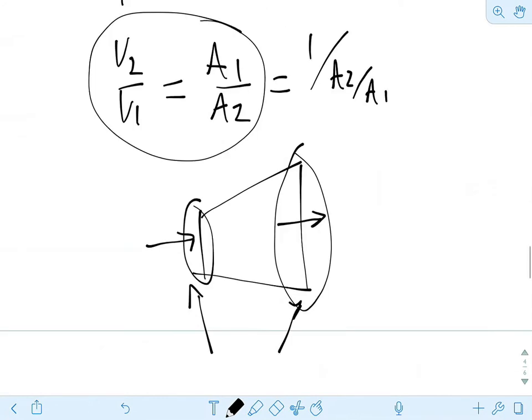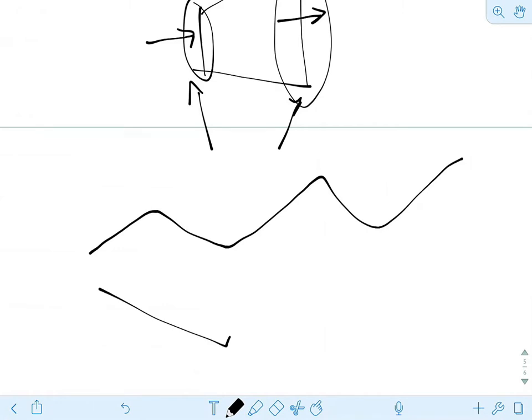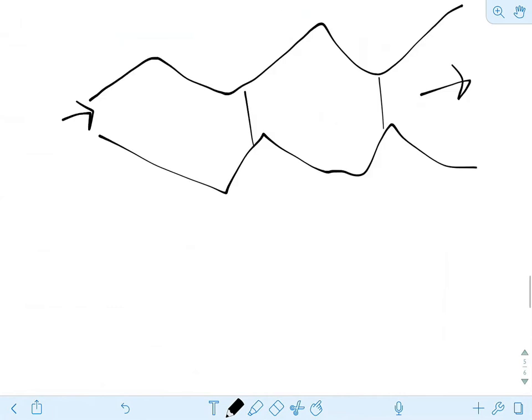And so this tells us if we have a funky looking stream tube, and it does something like this. This is a strangely drawn stream tube, but it constricts at times. So it's some kind of snake or something. We have air coming in, air coming out. We can see here as the velocity goes through that it'll be going faster, slower, faster again, slower again.